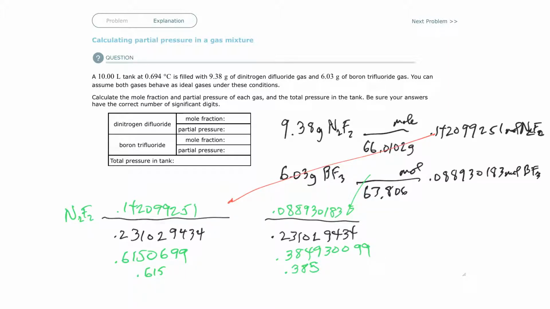Okay, all right, so the mole fraction of the dinitrogen difluoride we just found was 0.615. The mole fraction of the boron trifluoride was 0.385.